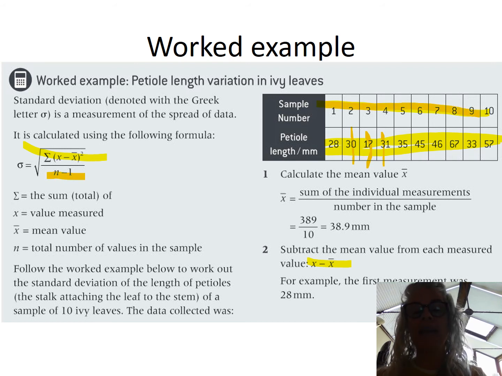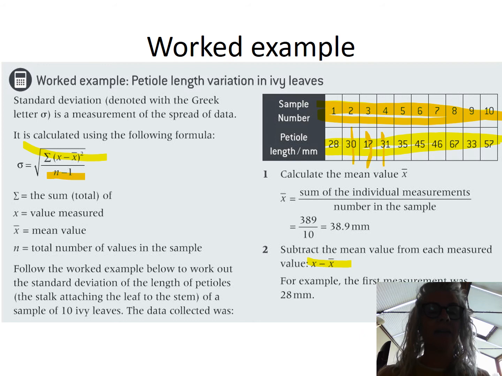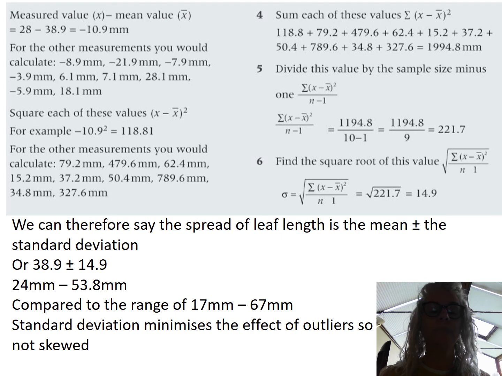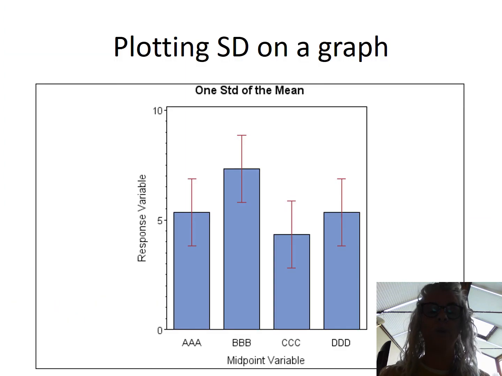So you've got 10 samples, so it's going to be divided by 9. And then don't forget to square root the whole answer. Okay, so work through that in your own time. And here's the answers for you.